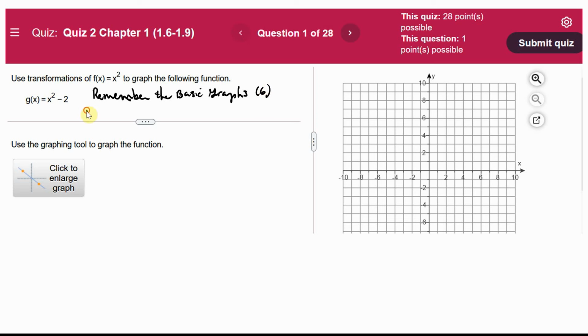I think there were 6. So we had that straight line, y equal to x. Y equal to the absolute value of x.